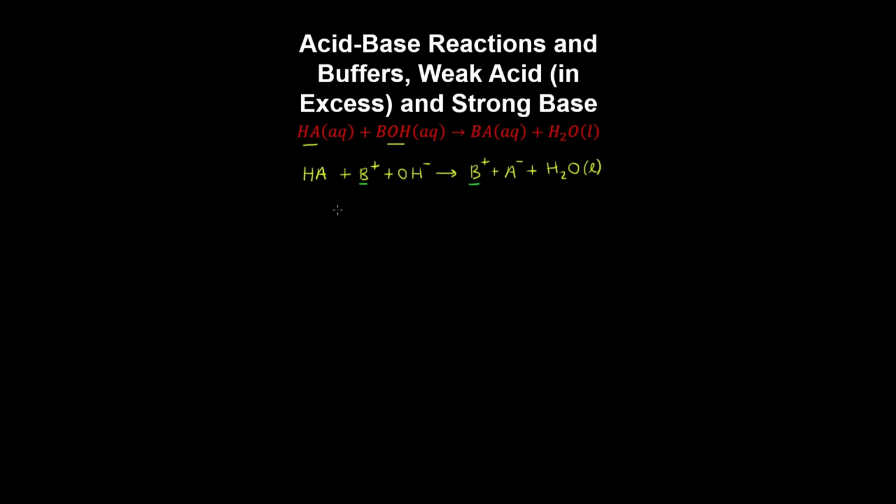And eliminating the spectator ions, we have the net ionic equation. And if you're given the initial concentration of the acid and the base, then you can work out the number of moles, and therefore the number of moles of hydroxide.